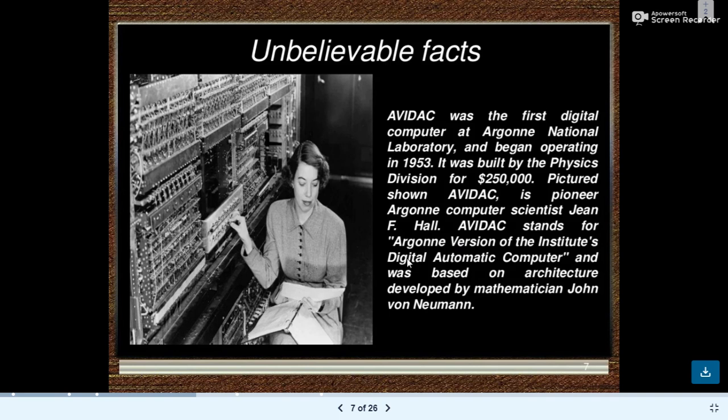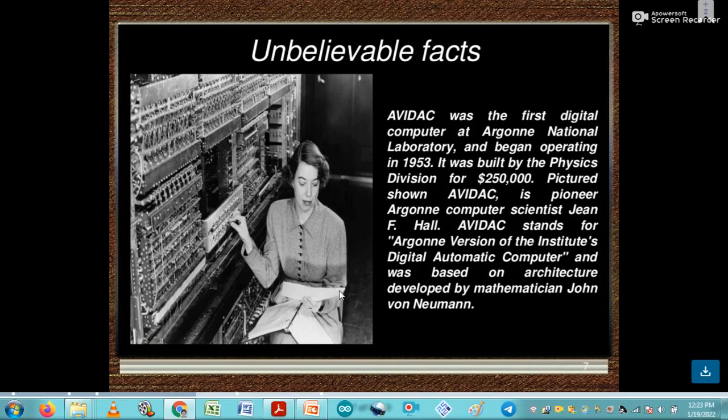AVIDAC stands for Argonne Version of the Institute's Digital Automatic Computer, and was based on the architecture developed by mathematician John von Neumann. I guess many students have heard about John von Neumann. Again, you will see this name in embedded systems. But basically, this is how the computer was operated, and this is how huge computers were in 1953.